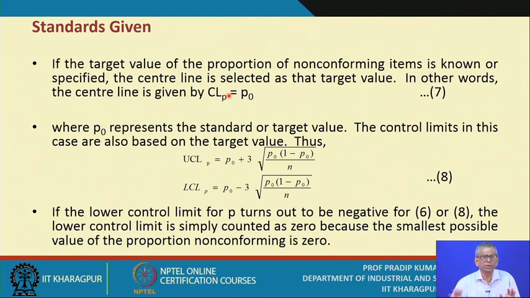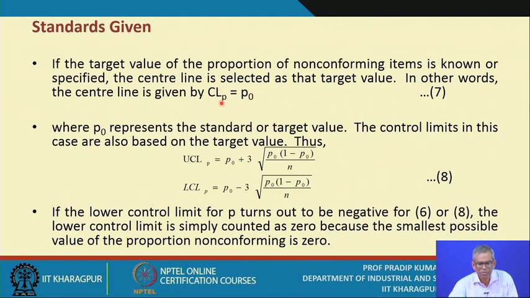Then if the standards are given, what do you need to do? You don't need to calculate p bar, because the standard is already given. That means the target value is mentioned. Suppose, based on your experience, you have been running the system for a long time, and you are aware that the process is running around a value p0.